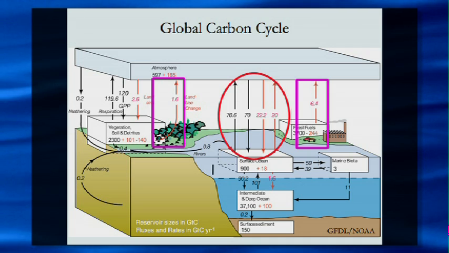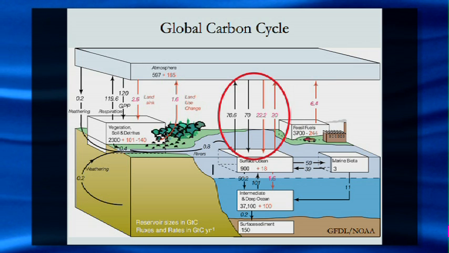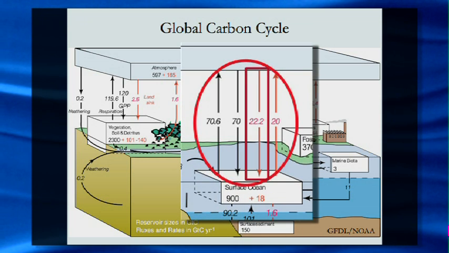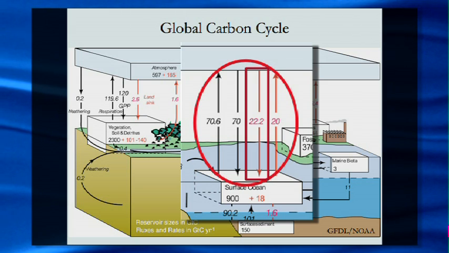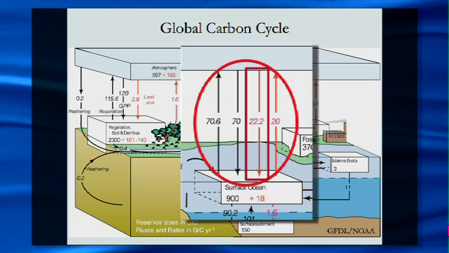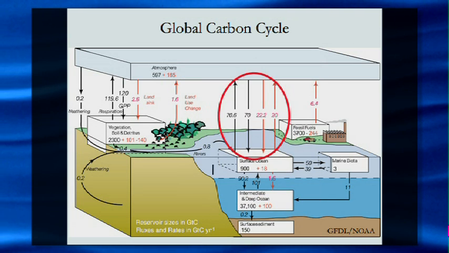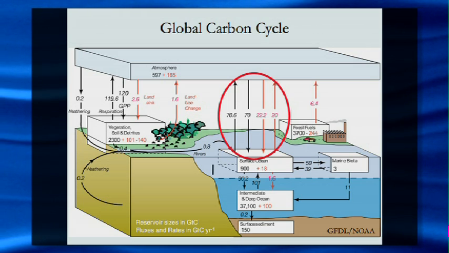The total, you can say, 1.6 plus 6.4. That's about 8 gigaton carbon per year. And now, if you take this line, the net is really more important. So we have the ocean absorbing about 2 gigaton carbon per year. So it's about a quarter of the total flux that goes into the atmosphere. So that means the ocean is a very important player in terms of the global carbon cycle.